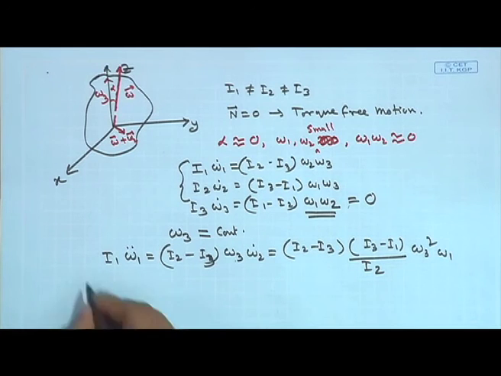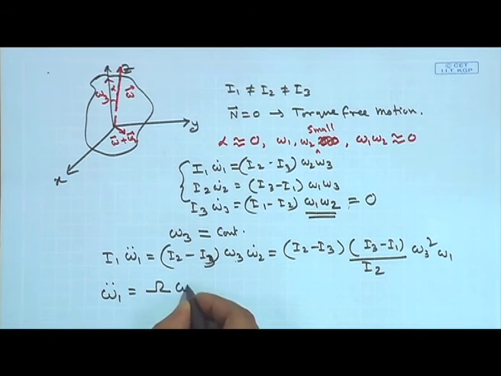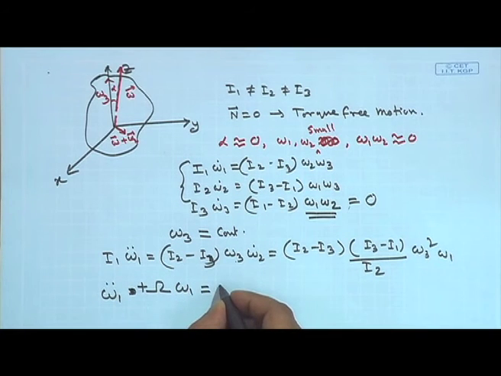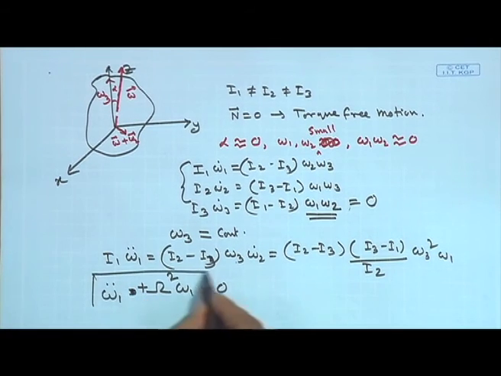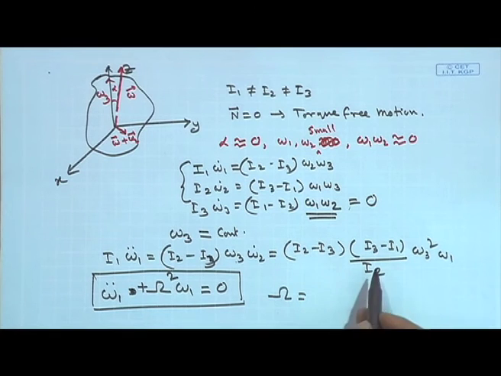So this again we can reduce to the form omega 1 double dot plus capital Omega square omega 1 equal to 0, where capital Omega is given by, what will that be?